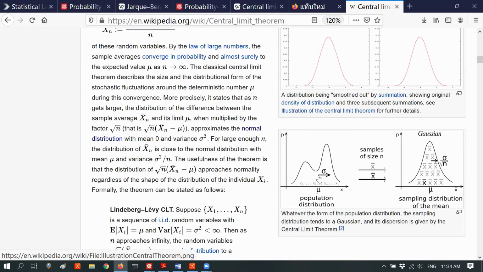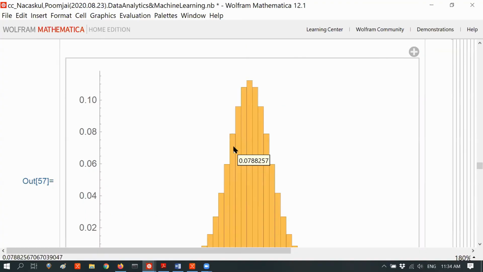So having said that, that accounts for why you see a lot of normality in real life. Okay, because you can think of a big event as a summation of small events. And this is an analogy.